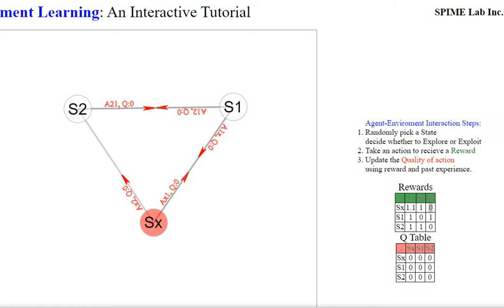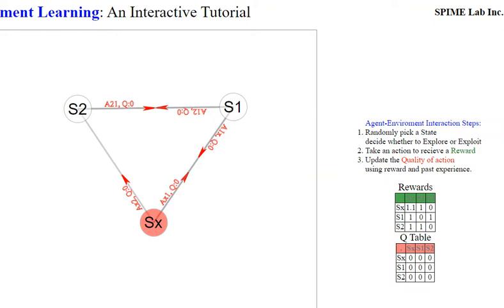So revising again, in each state, agent can take an action that will move agent to another state. In each state, there are as many doable actions as there are the states. Since agent receives a reward only after taking an action, therefore, during learning, an agent can take an action with zero reward.